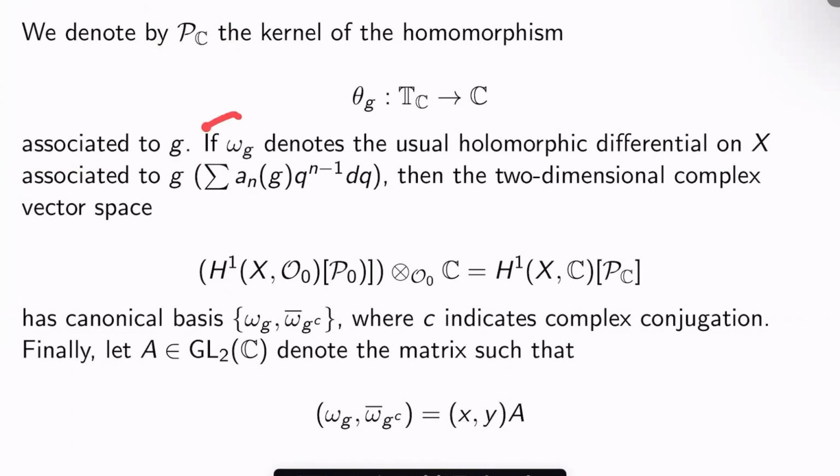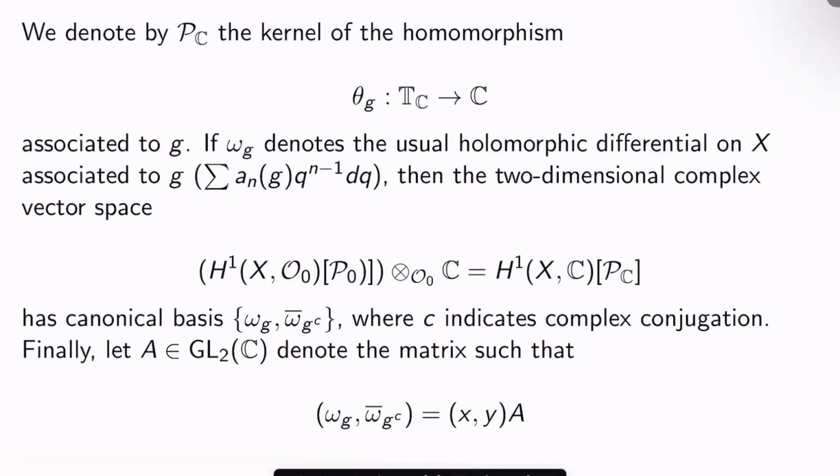If omega sub G denotes the usual holomorphic differential on the modular curve X associated to G, that is, the holomorphic differential sum of the coefficients a sub n of G times q to the n minus 1 dq, then the two-dimensional complex vector space H1(X, O_0) bracket P_0 tensored up to C over O_0, which is H1(X, C) bracket P_C, actually has canonical basis omega sub G, omega bar sub G to the c, where c indicates complex conjugation.